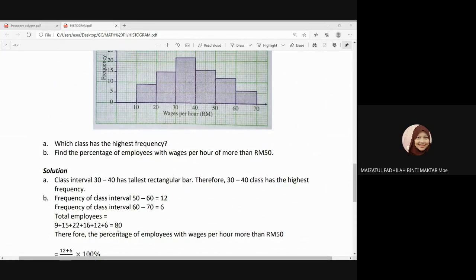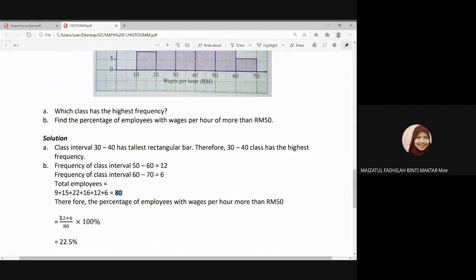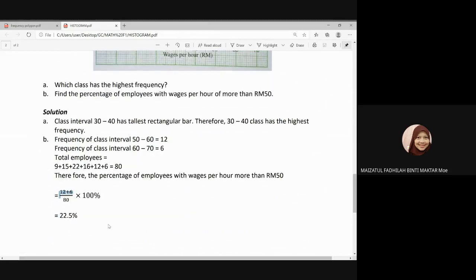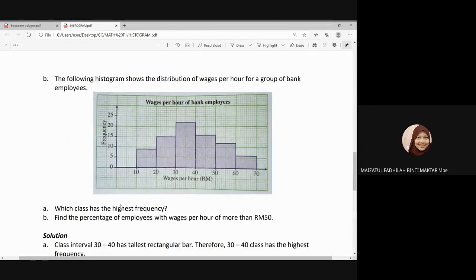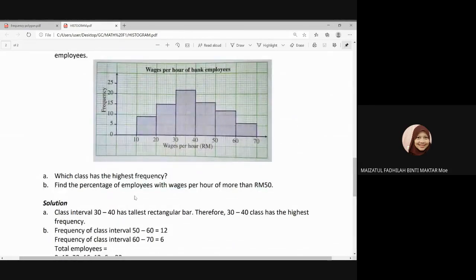Add everything and you will get 80. So the percentage more than 50 is 12 plus 6 over the total 80, times 100%. The answer is 22.5%. So that is the percentage of employees with wages per hour of more than 50.